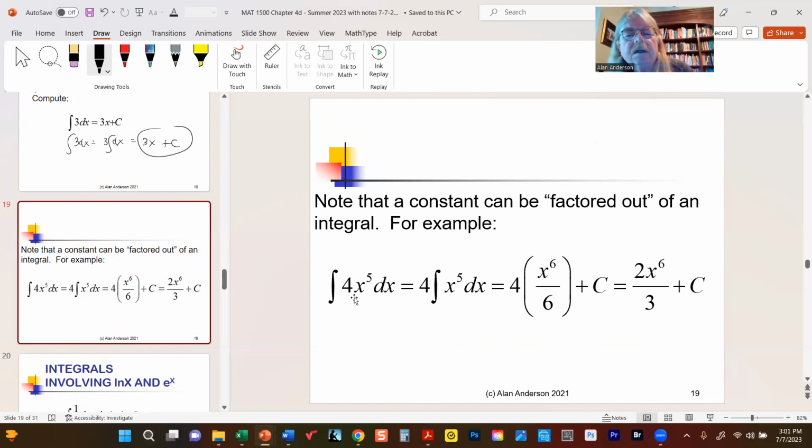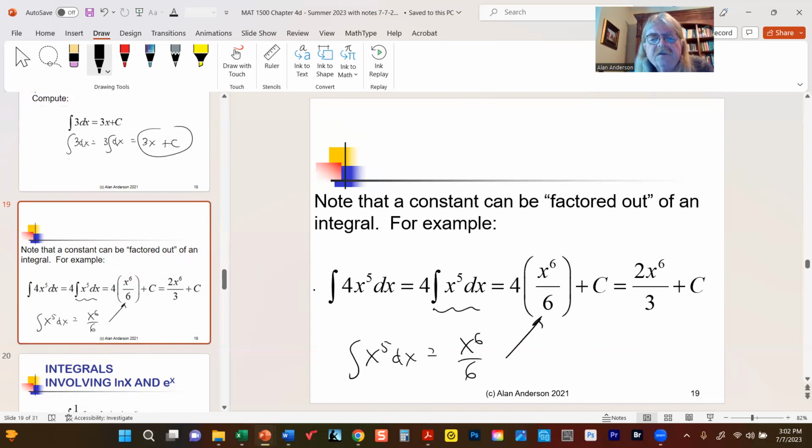Yes, and I just mentioned this, you can factor out constants, and so the power rule here would be x to the 6th over 6. And when you have your 4 here, of course, never forget the c. So ultimately, you end up with 4/6 x to the 6th, or that reduces nicely to 2/3 x to the 6th.